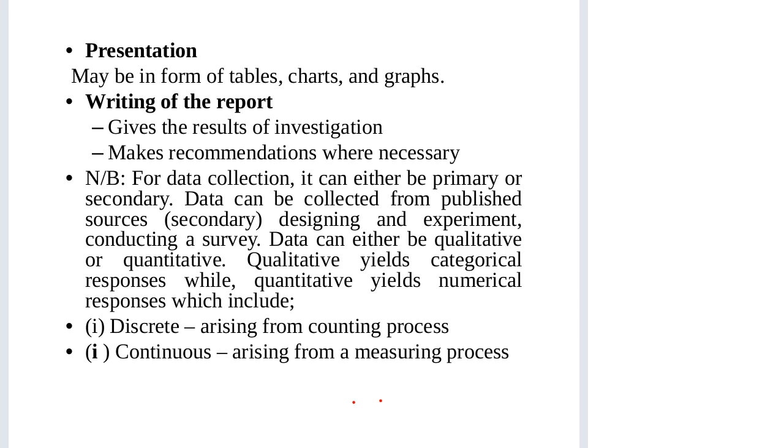It already exists somewhere, so your work is simply to extract the information from where it is published. For primary data, you need to collect the data for the first time from the respondents. The data does not exist anywhere. It is simply collected for the first time from the respondents.